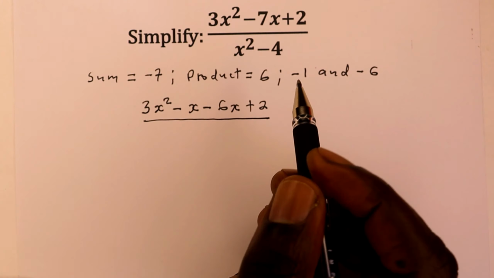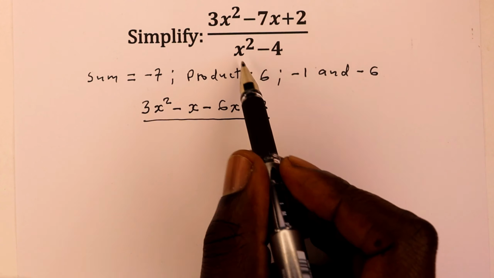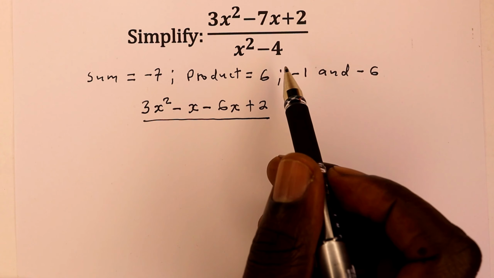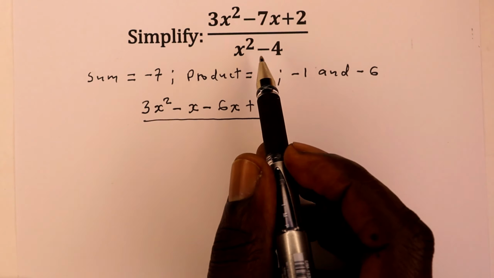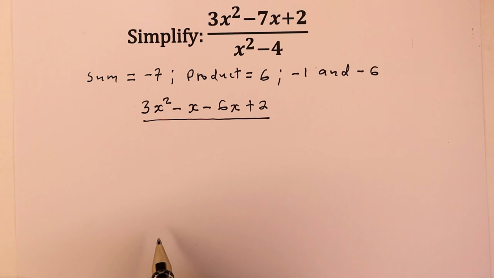over, we can also rewrite the denominator as a product of 2 numbers. So for us to be able to do that, we have to rewrite this particular expression as x squared minus 4, which we can rewrite as x squared minus 2 squared.